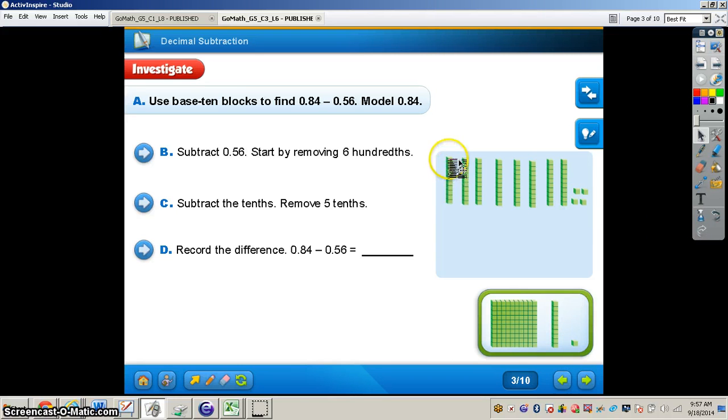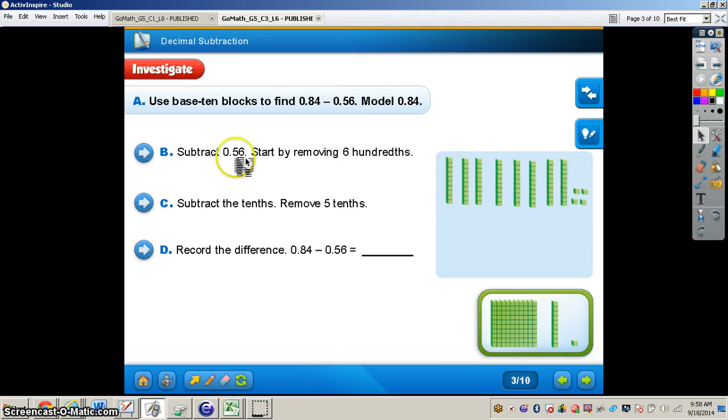If you're at home, you can draw just 8 lines and 4 circles. If you're at school, you can have the 8 tenths out and the 4 hundredths out.